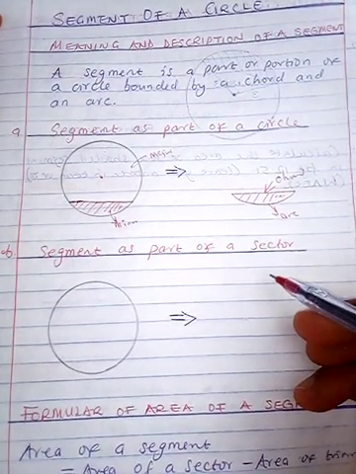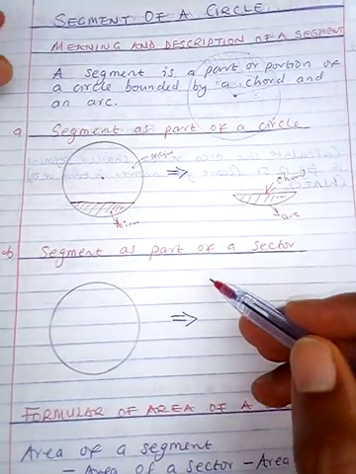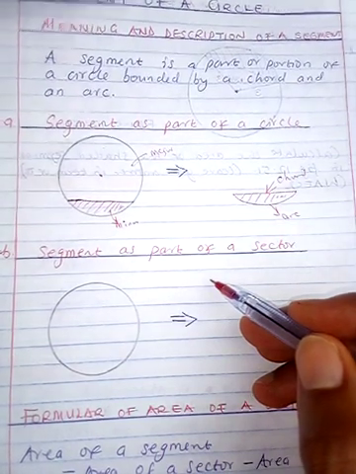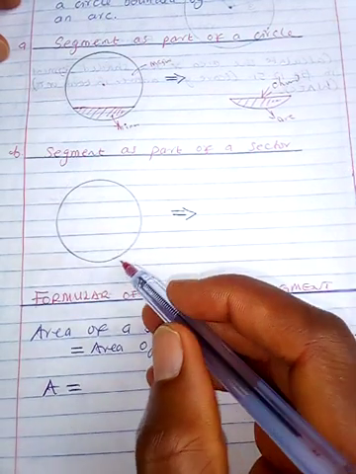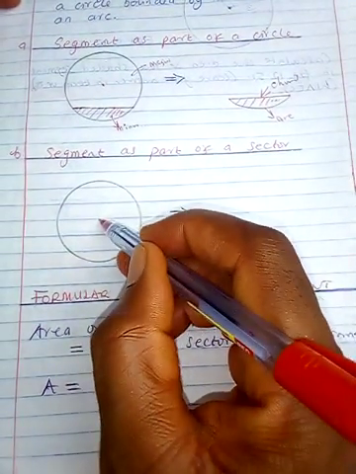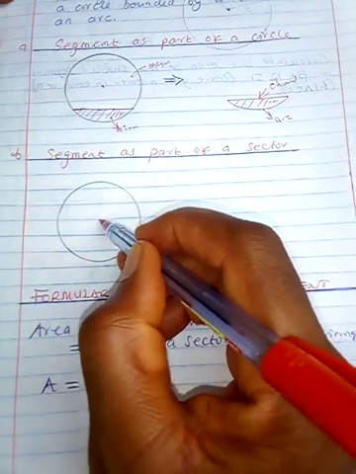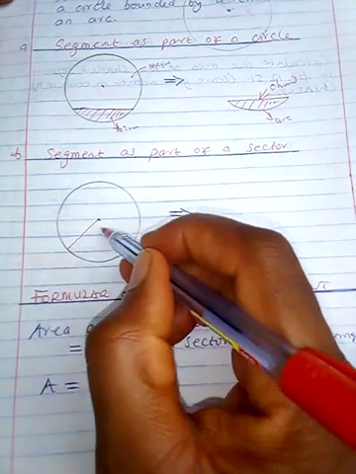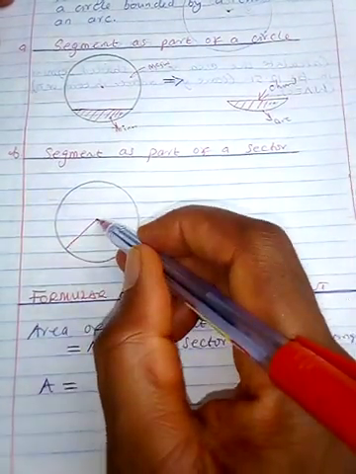And also a segment can be found as part of a sector. For instance, here we have a circle. If this is the center of the circle, let us try to construct a sector out of it. A sector has two radii, so this is one radius, and this is the other radius, and then we already have our sector.